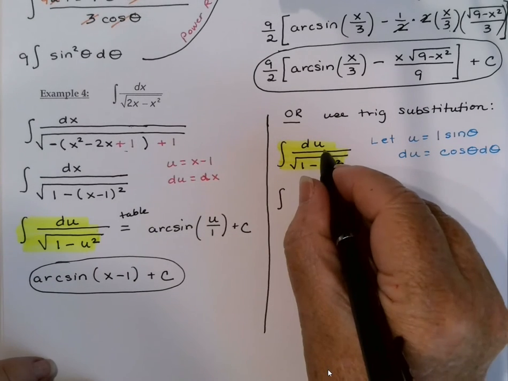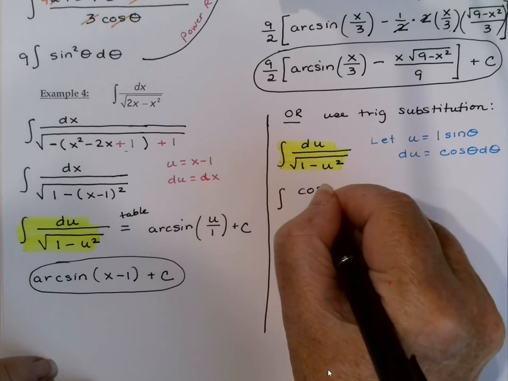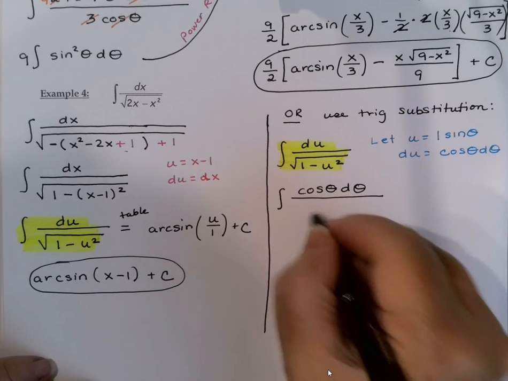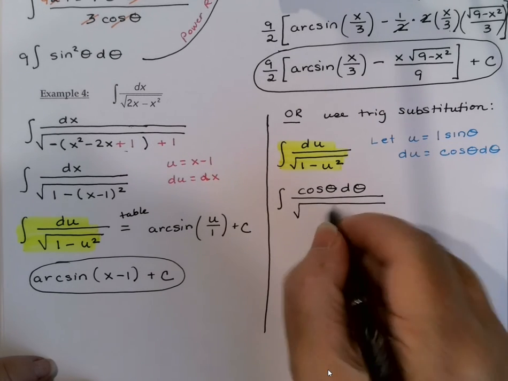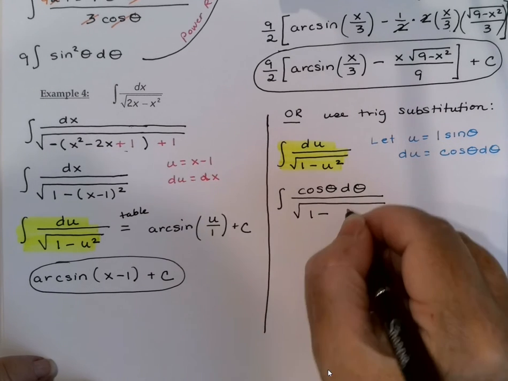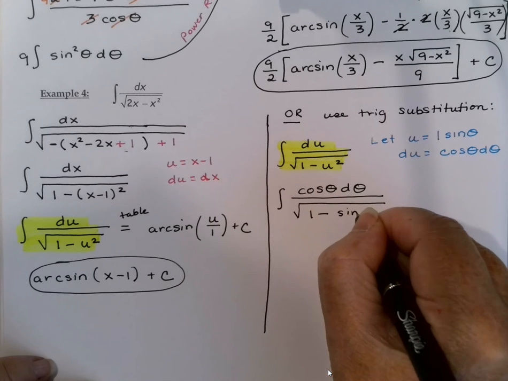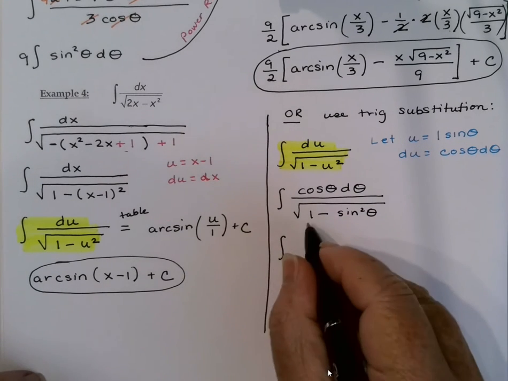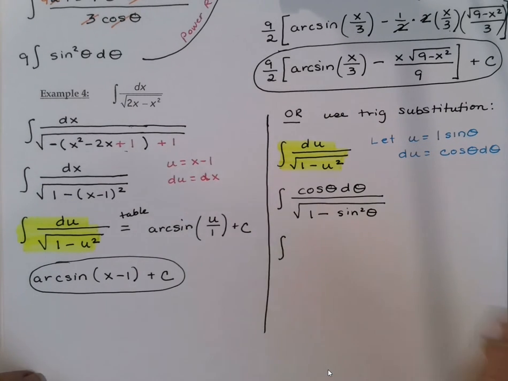And my integral becomes the du, cos theta d theta, over the square root of 1 minus u squared, which is sine squared theta. There's that familiar form of that Pythagorean identity again.